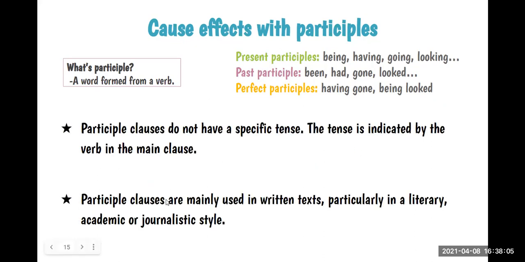It says participle clauses are mainly used in written text, particularly in literary, academic, or journalistic style. So this is something that is very formal, okay? So we are going to talk about the general rules that we discussed last class, okay?